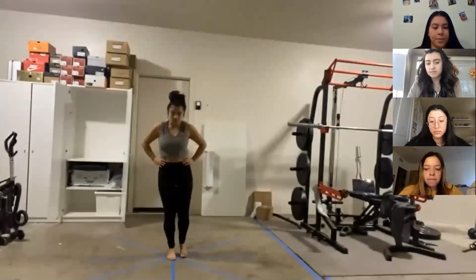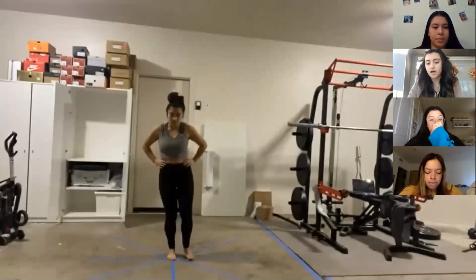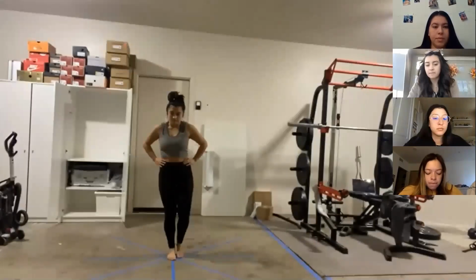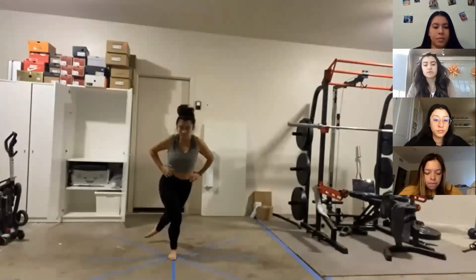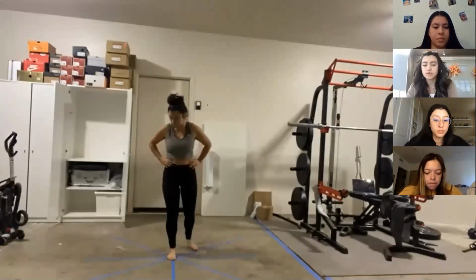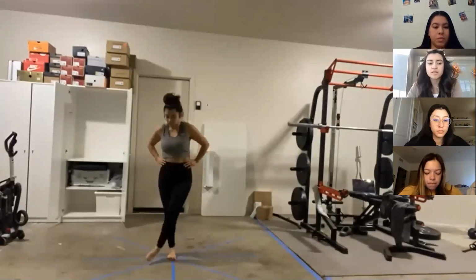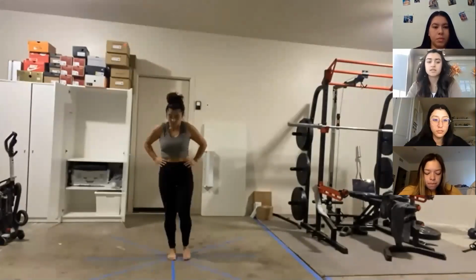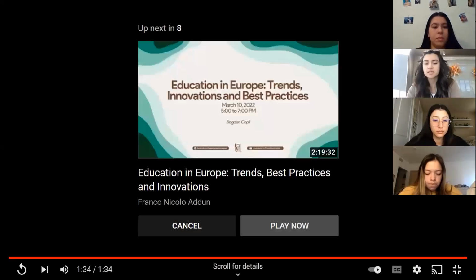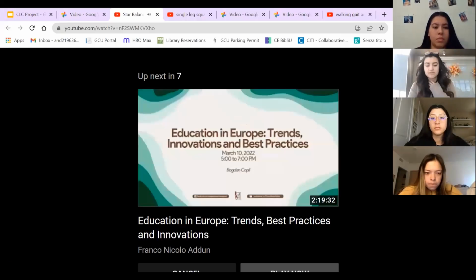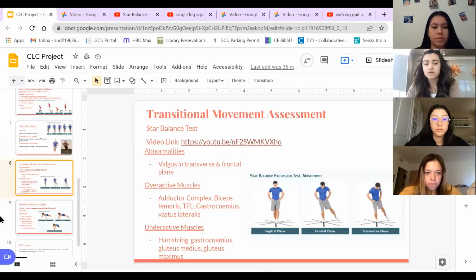And as I'm leaning to the side, you can see a knee valgus in that plane. So this is showing that I have an abnormality in the frontal and transverse plane because of the knee valgus. And this can be seen because of overactive muscles like the adductor complex, the biceps femoris, the TFL, and the vastus lateralis. And underactive muscles would be the hamstrings, the gastrocnemius, gluteus medius, and gluteus maximus.